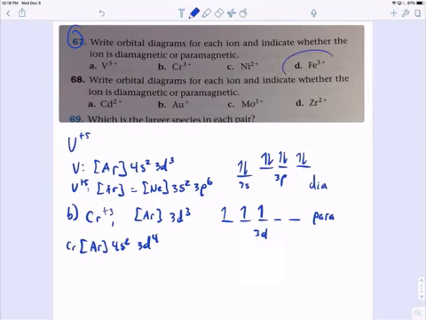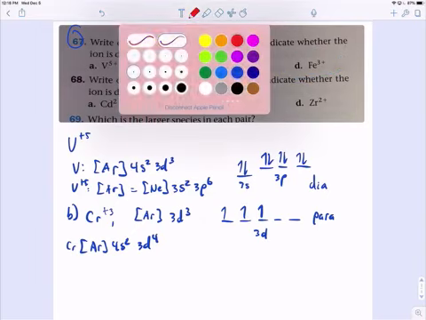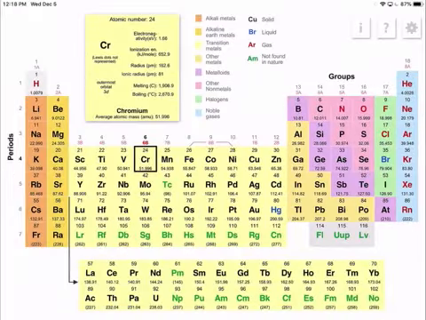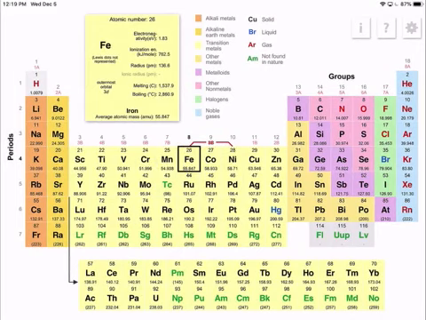Okay, why don't you try iron plus 3? So, there's iron.